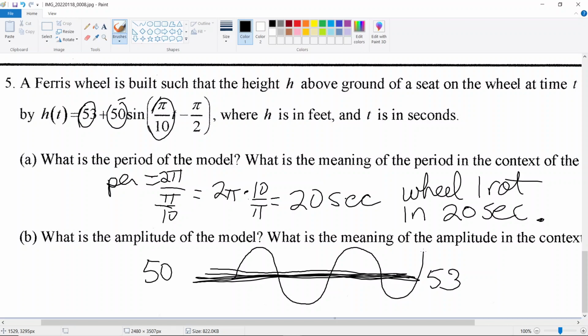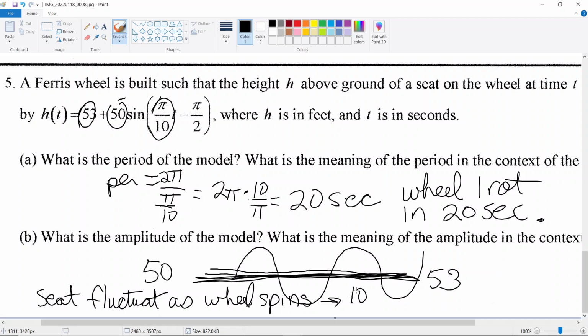That means the height of your seat is going to fluctuate as the wheel spins. It goes as high as 103, 50 plus 53.